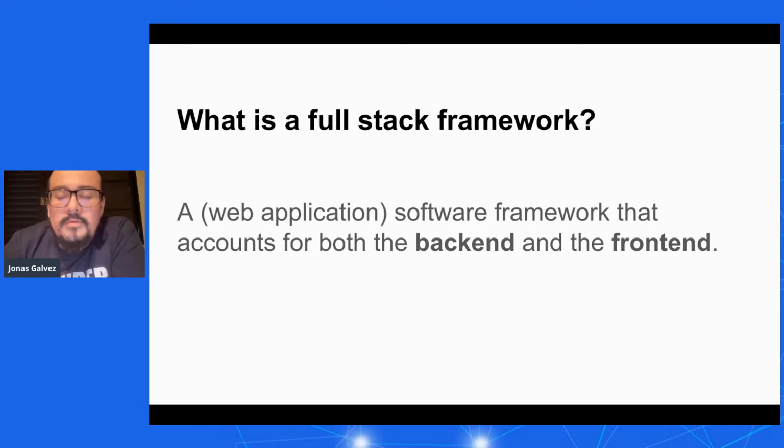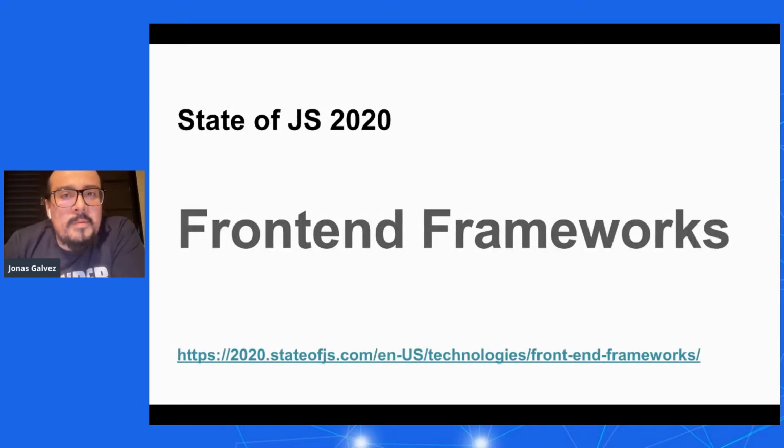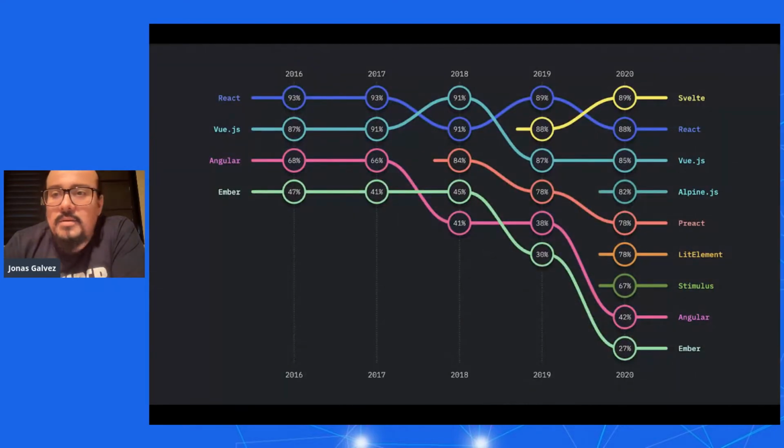Moving on, you've probably seen recently the release of the State of JavaScript, the stats from the community, satisfaction ratings, and the technologies that make up the scene. In the State of JavaScript 2020, we have this list of front-end frameworks, which shows Svelte at the very top, React, Vue.